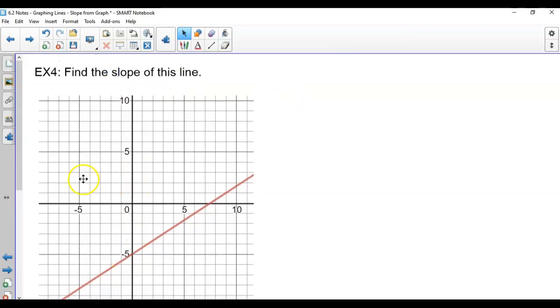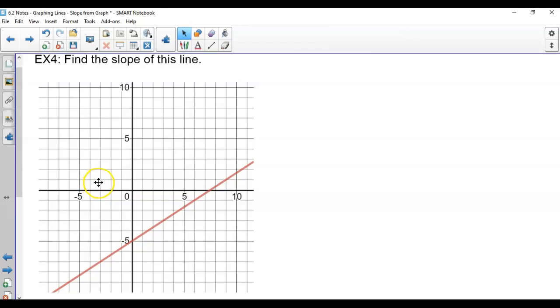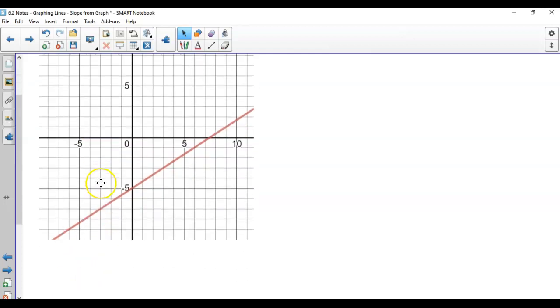Alright, so let's find the slope of this line here. Now, this actually is the same line as before, but I just want to show you that you can still find the slope even if you pick points that are much further away from each other. So let's pick this point right here and this point right here. Okay? It makes it a little more difficult to do, but you can still do the problem this way.